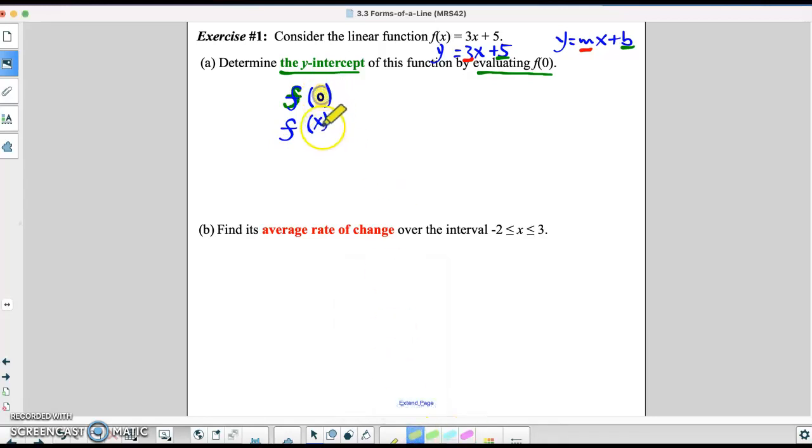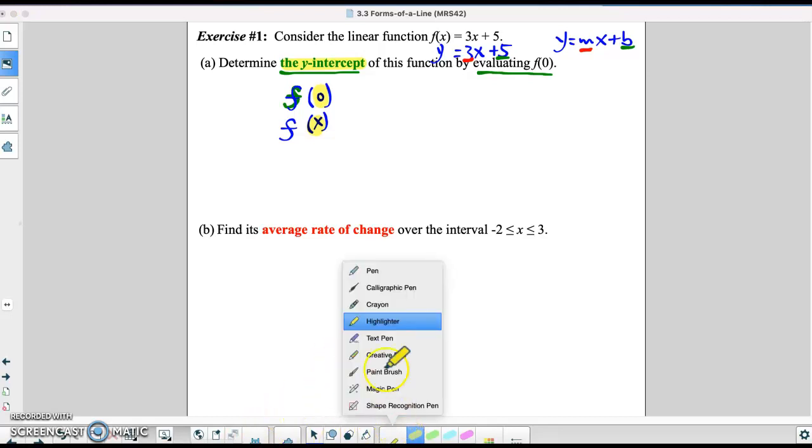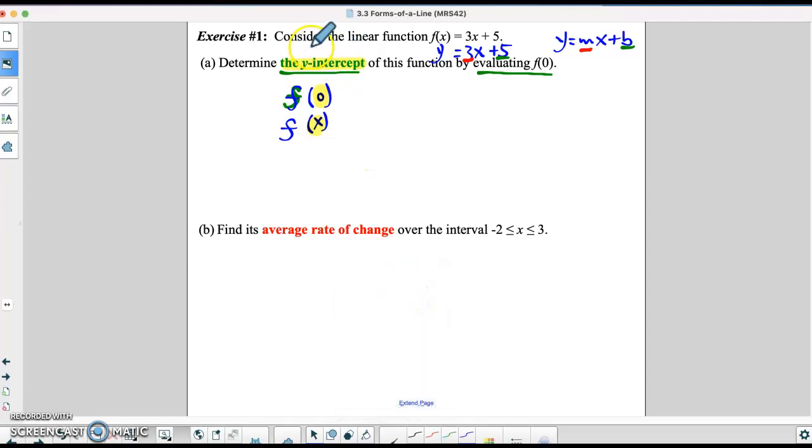And we all know that whenever we talk about the y-intercept, that is telling us x equals 0. Please remember this.